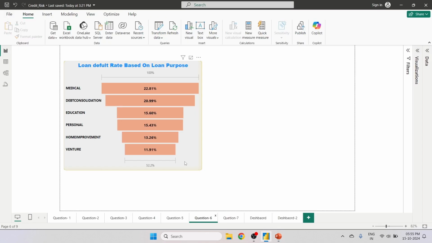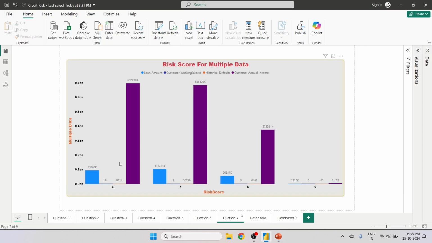So checking in my Power BI, here we can see this is my customer annual income, and this is my loan amount. Here we can see 9 people. This is the average working age of 9, and this is the count of people who never defaulted.